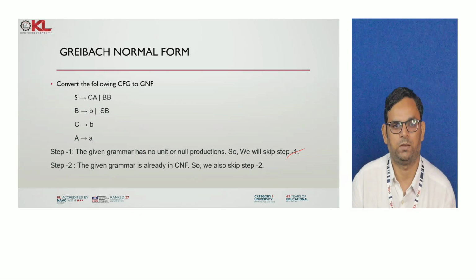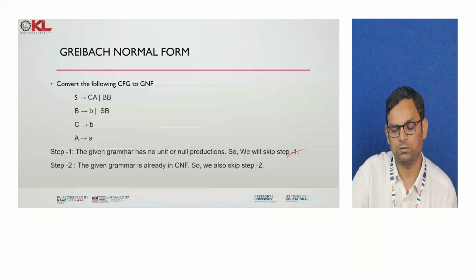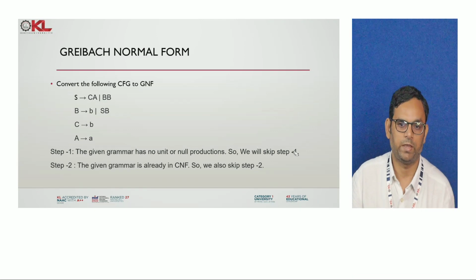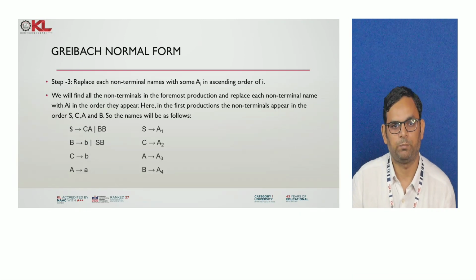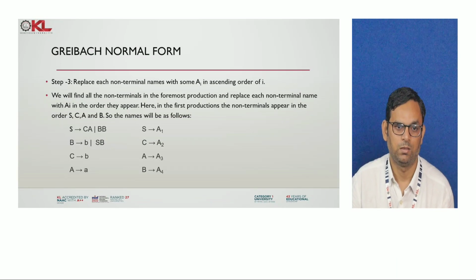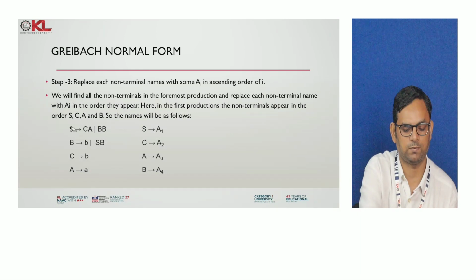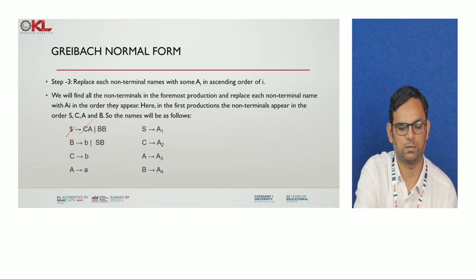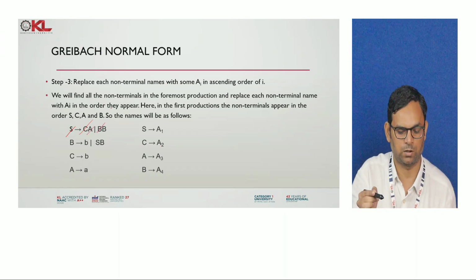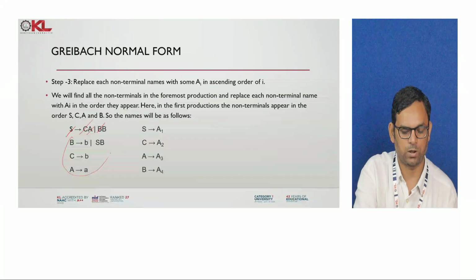Now going to the third step, and remember the third step. What is the third step? Replace every non-terminal with the order of Ai, in ascending order of i. What are the non-terminals in the given grammar? Here S is a non-terminal, then C is another non-terminal, A is another, B is another. There are only 4 non-terminals.